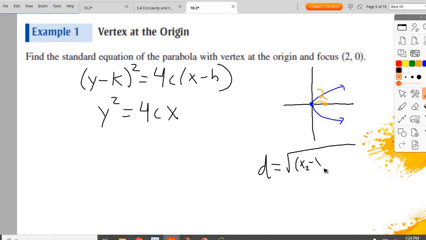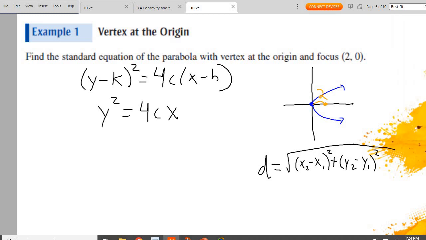Not quite. You're missing something. They need to be squared as well. Yes. So it's the square root of x2 minus x1 quantity squared plus y2 minus y1 quantity squared.